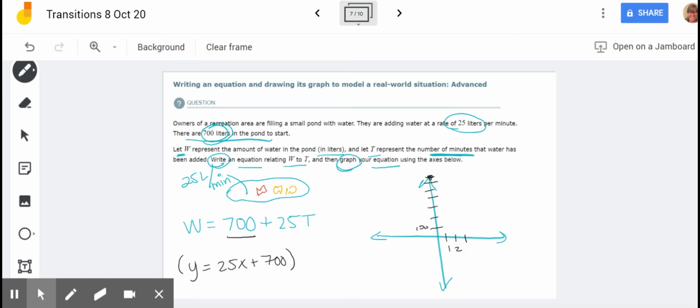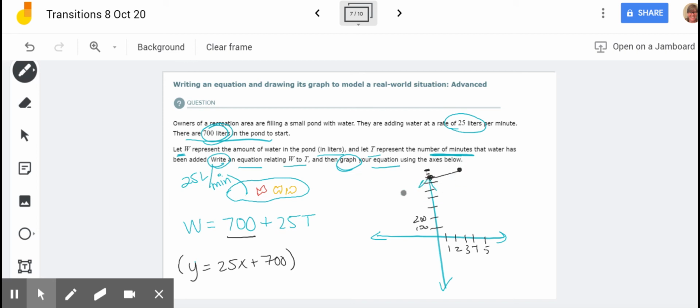In 4 minutes, there's 25, so it would go up another one of these lines in 4 minutes. I just know that because 4 25s equal 100, right? And each one of these is 100. It'll be easier for you guys to graph it.